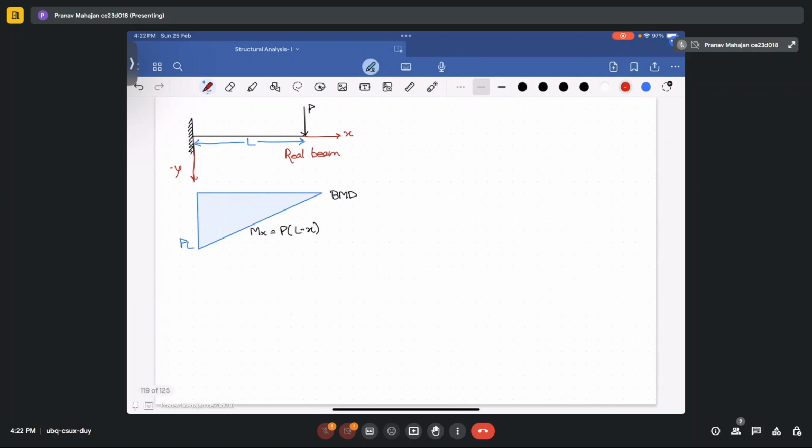If you draw your M by EI diagram, how will it look like? This is your M upon EI diagram.